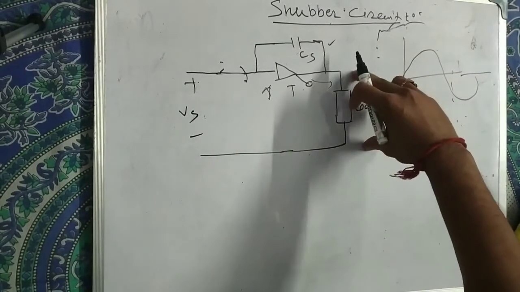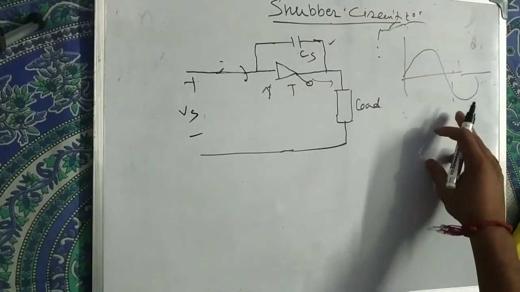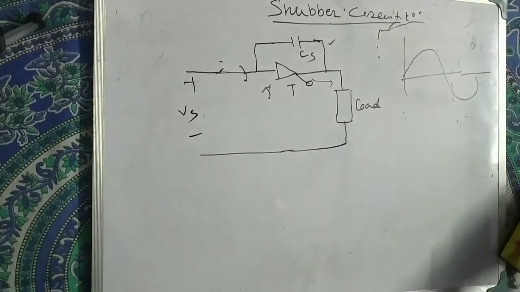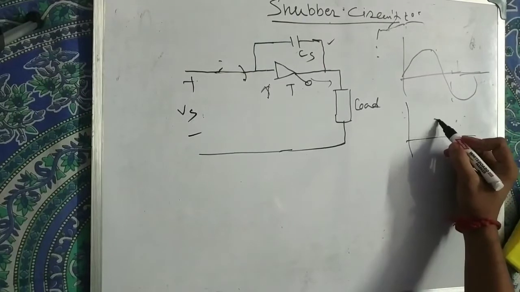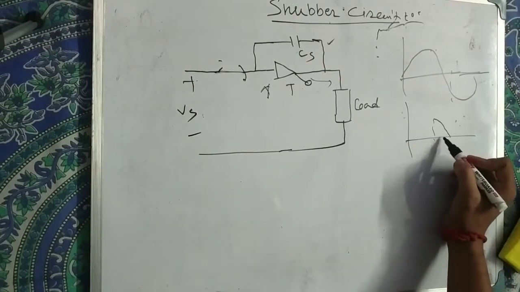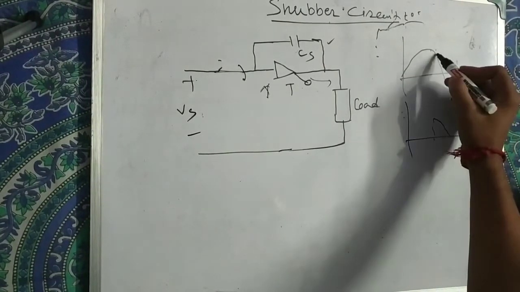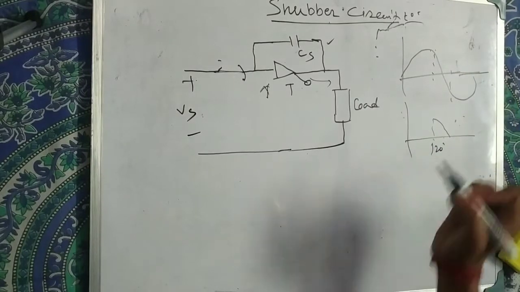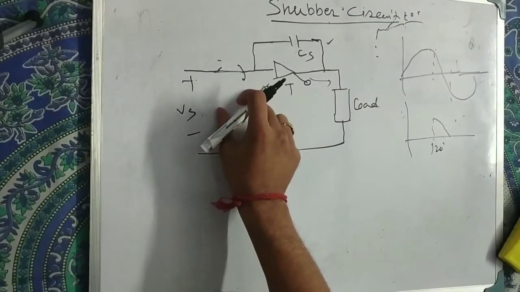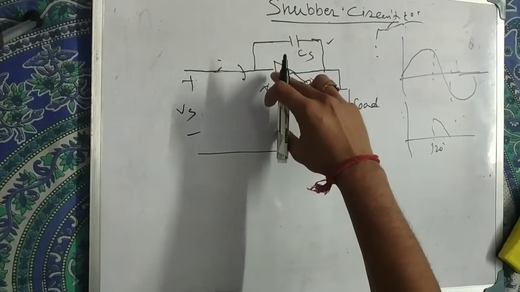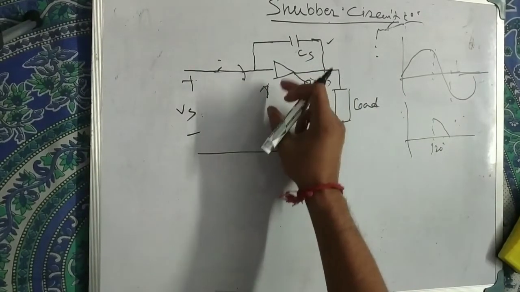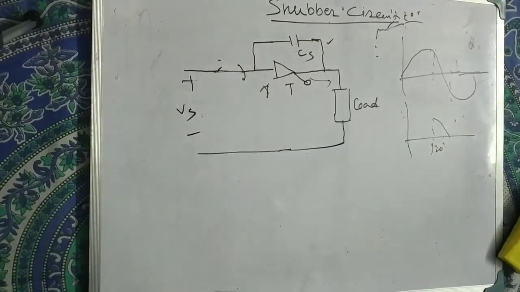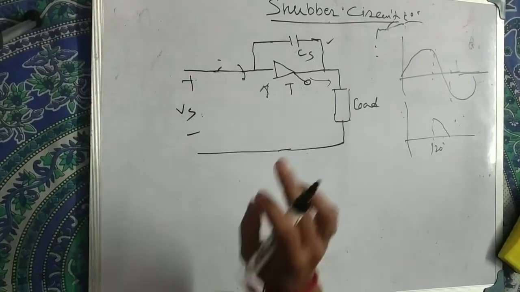You want a negative voltage across it, or you want the output voltage to be this much positive value, so you have to turn on this SCR at 120 degrees. But here, whenever you place the switch, high dv/dt appears across this SCR, and due to the J2 junction capacitance, a high current will flow. So you don't want to turn on this SCR.